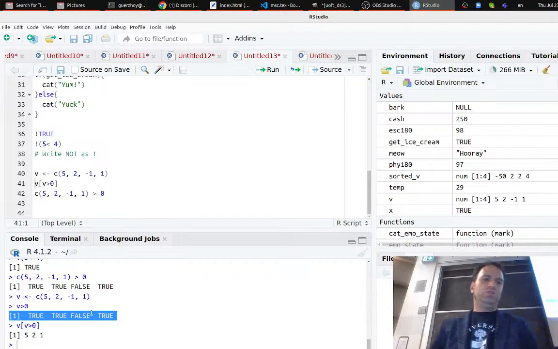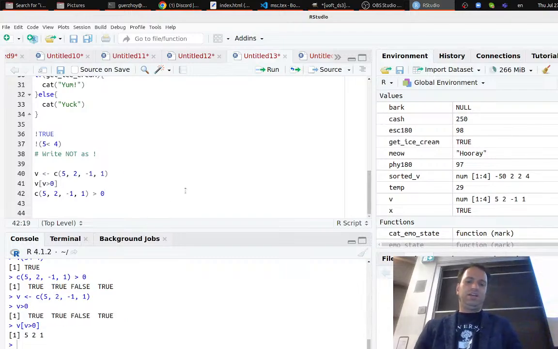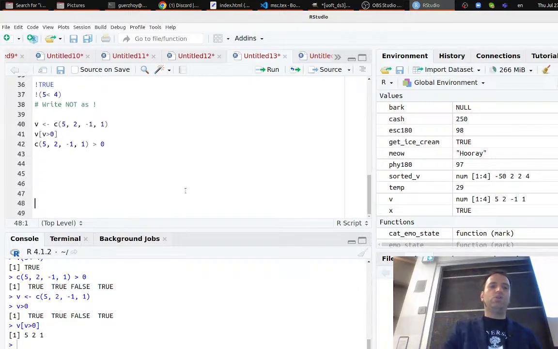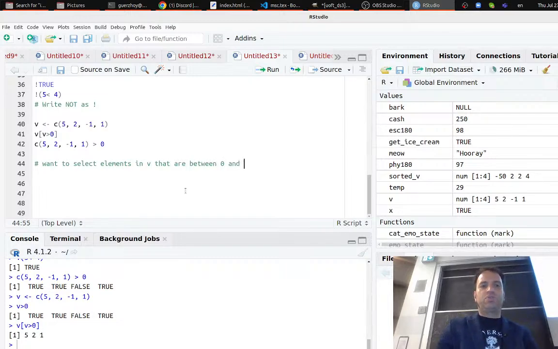You can also do something with ands and ors. Let's say I want to select elements in V that are between 0 and 3.